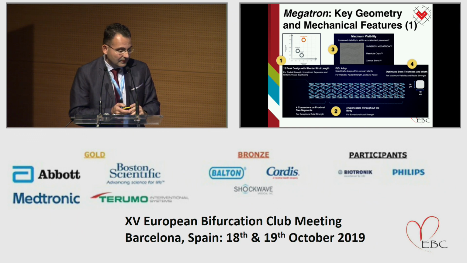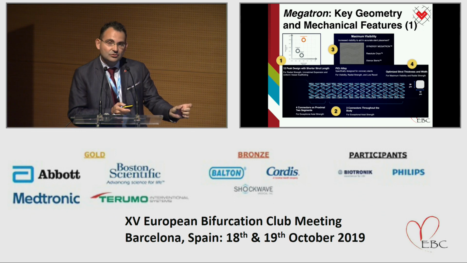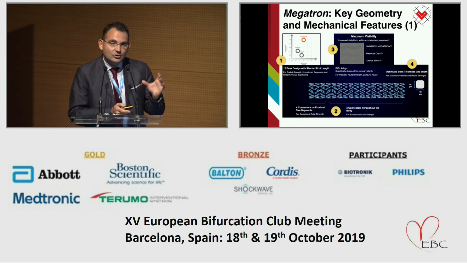Second feature, it has more links, 4 in the first 2 struts, and then 3 thereafter, which provide good axial strength and resistance to longitudinal deformation, smashing of the stent from an imaging catheter or a guide extension catheter or the guide. Third feature, it has improved visibility.